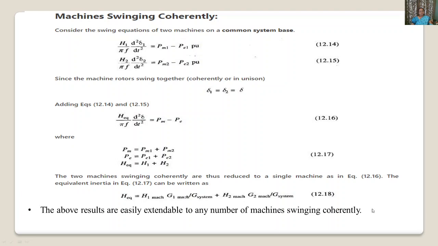This we have considered for a two machine system, but it is applicable for three machines, four machines. In that case, it will be up to H2, then plus H3 machine into G3 machine upon G system, then plus H4 machine into G4 machine upon G system. Likewise, it will go on.